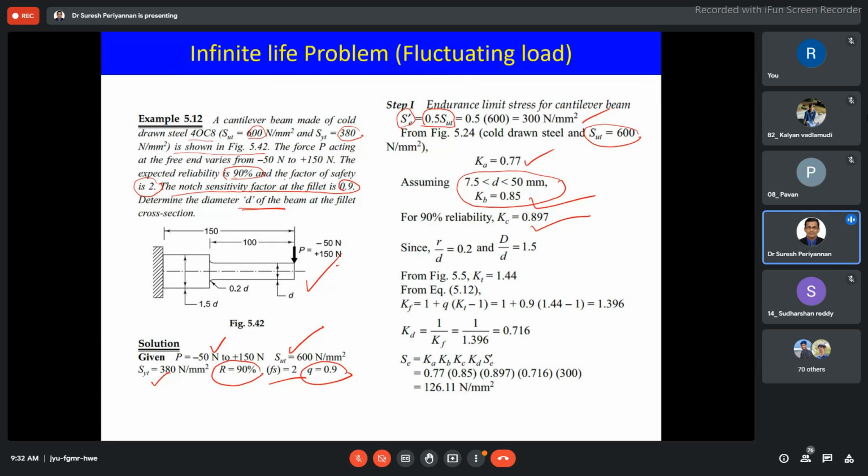Now the r by d ratio. This is a fillet, and the radius is given as 0.2 d.